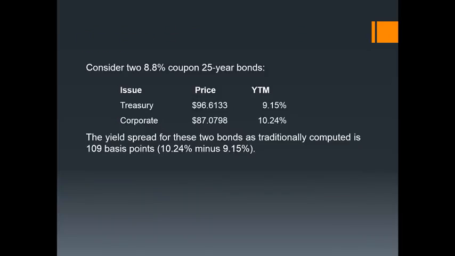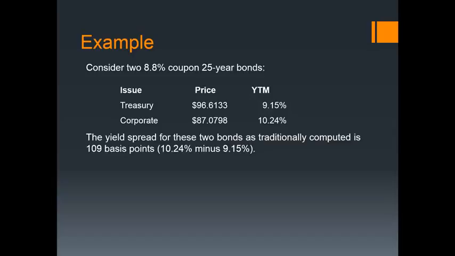this particular lecture. If we look at 2 bonds, a treasury bond and a corporate, both have the same coupon, both have the same maturity, so an 8.8% coupon and a 25-year maturity. If we look at their prices and look at their yield to maturities, we would describe the yield spread as being 109 basis points.